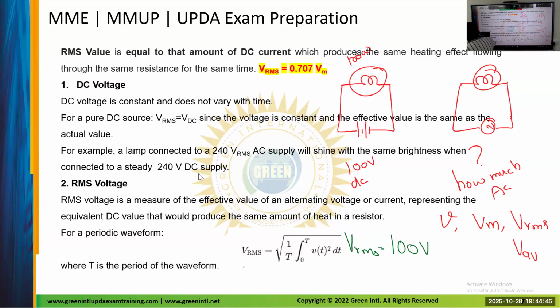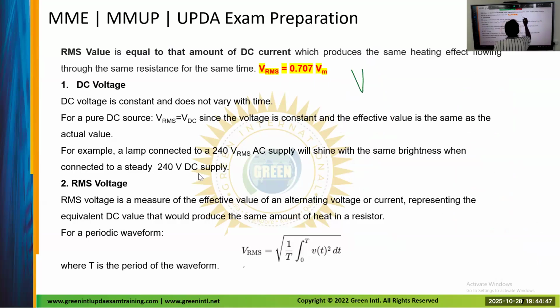So from this, what we understand is VDC is equal to VRMS. DC voltage is equal to the RMS quantity of AC voltage. Okay, so these are the things. But in our exam, how do they ask the question?